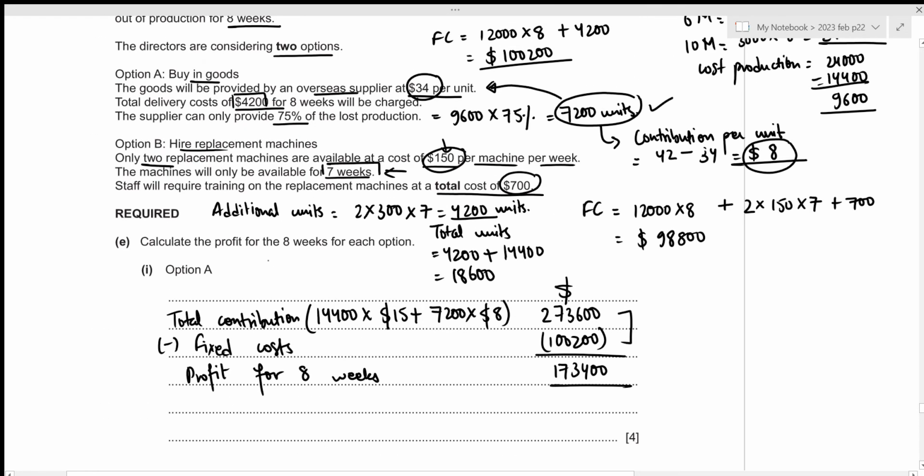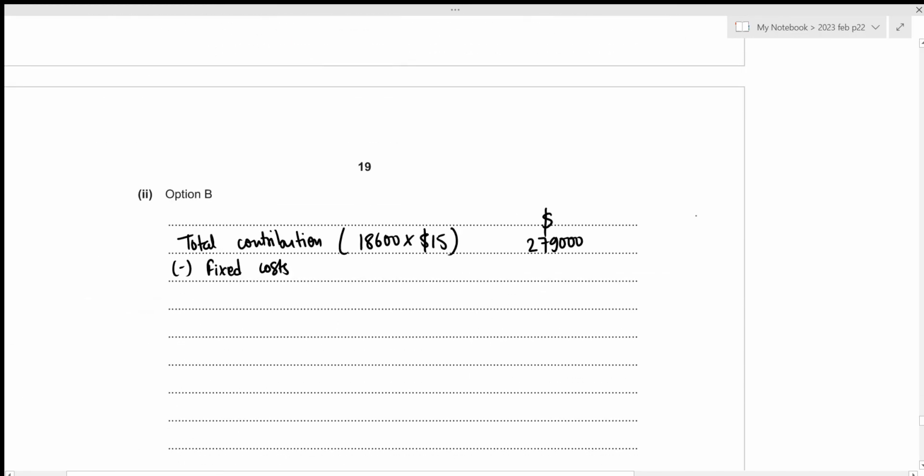Let's have a look above. We already calculated it to be 98,800. Now we can get our profit for 8 weeks. That's going to be 279,000 minus 98,800, which results in 180,200.